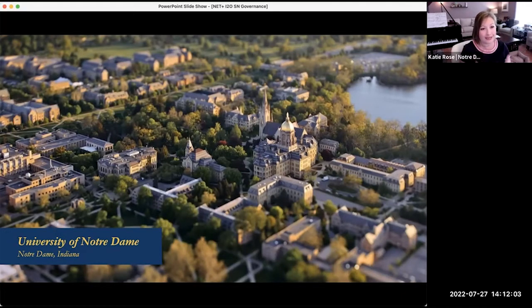We have a variety of levels of governance for ServiceNow itself because it's serving all of these varied needs across the campus.